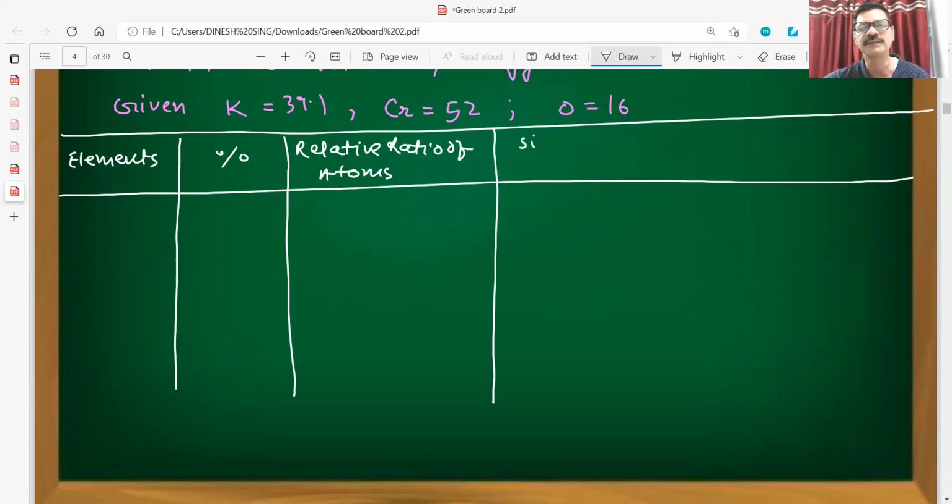After that, simplest ratio. Is it clear? So what are the atoms? Potassium is there, chromium is there, oxygen is there.